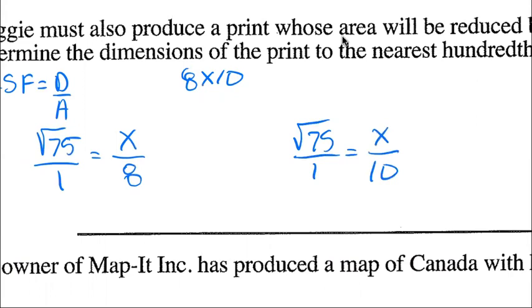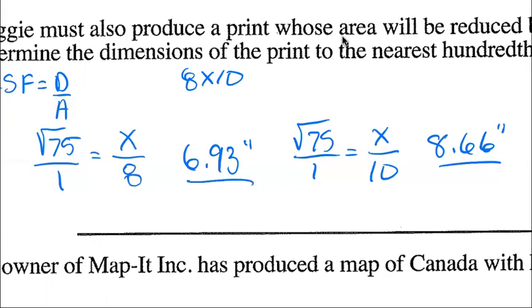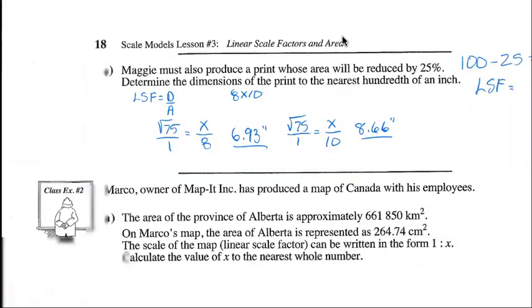Cross multiply divide in your fancy calculators, 6.93 inches and 8.66 inches. New dimensions. That was question 1.